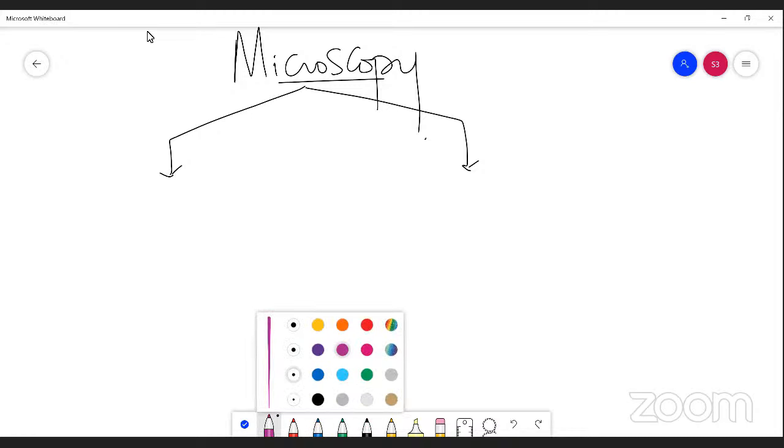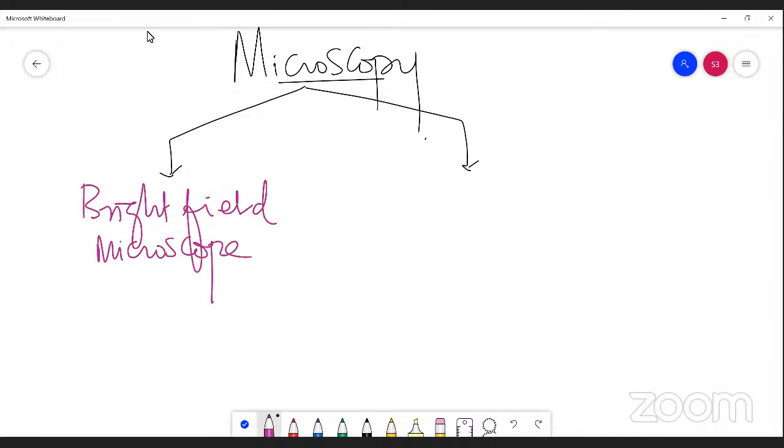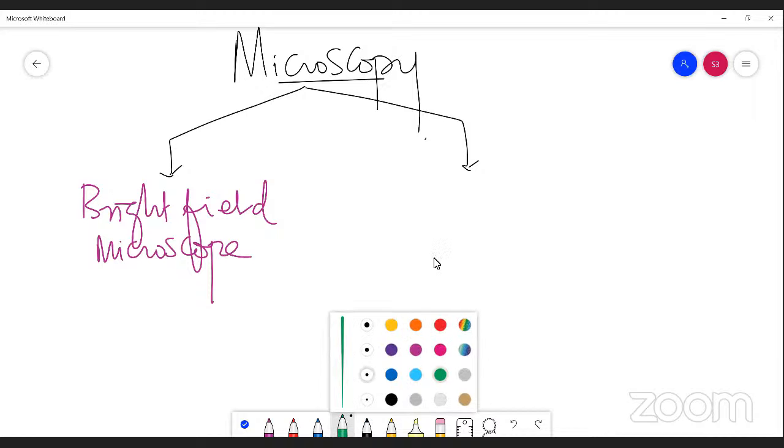The first category is the bright field microscope. And the second category is the electron microscope.